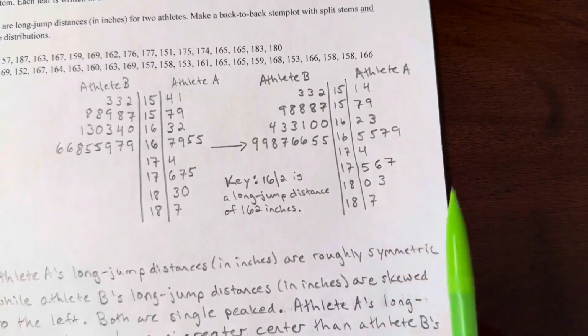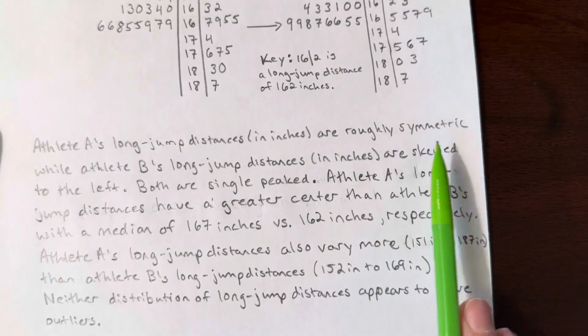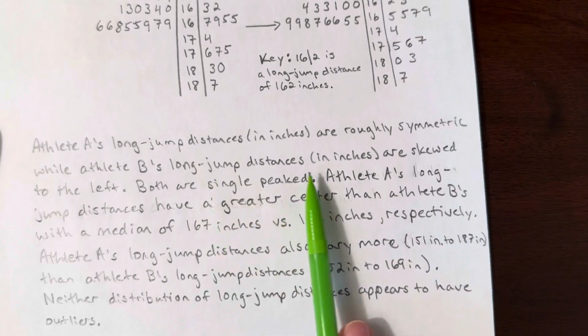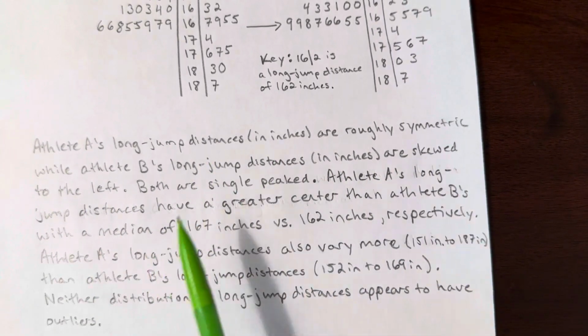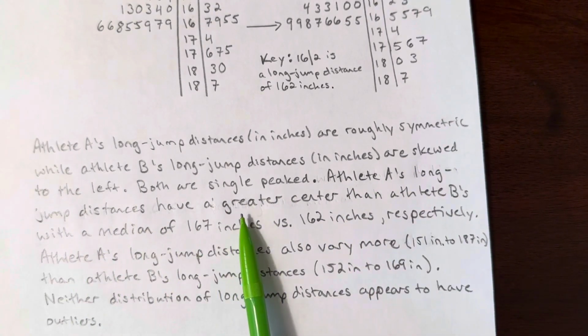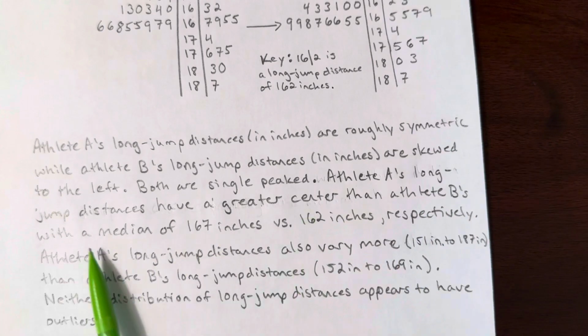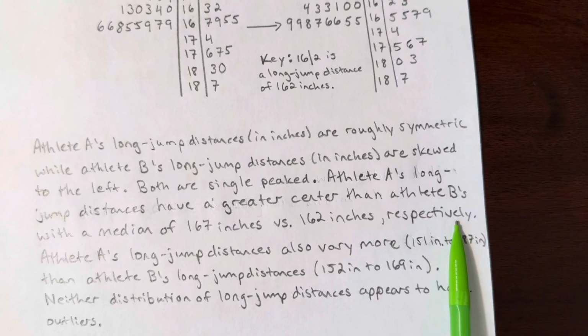Now to describe and compare these, athlete A's long jump distances in inches are roughly symmetric, while athlete B's long jump distances in inches are skewed to the left. Notice I'm including the context. Both are single peaked. Athlete A's long jump distances have a greater center than athlete B's, with a median of 167 inches versus 162 inches respectively.